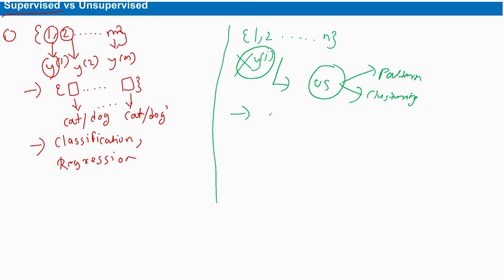suppose I give the example of advertisement clustering. Suppose you have one web page, and different kinds of customers interact with that web page.